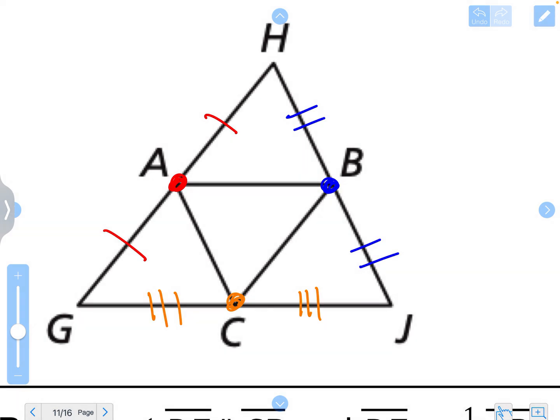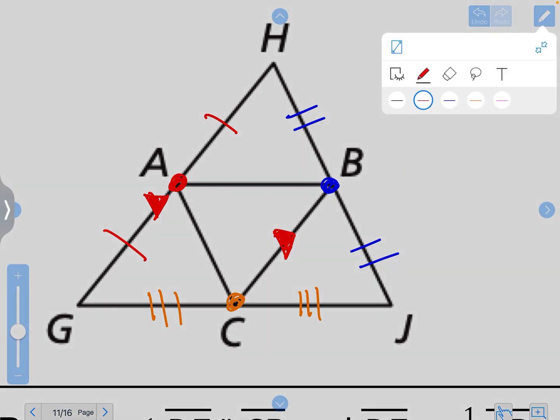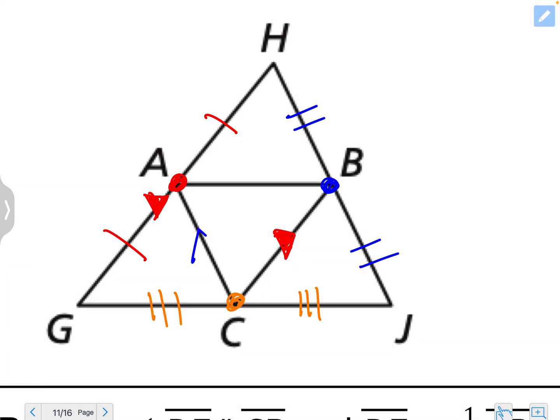The next bit of information we know from the triangle midsegment theorem is that CB is a midsegment, so CB is going to be parallel to HG. We also know that AC is parallel to HJ.